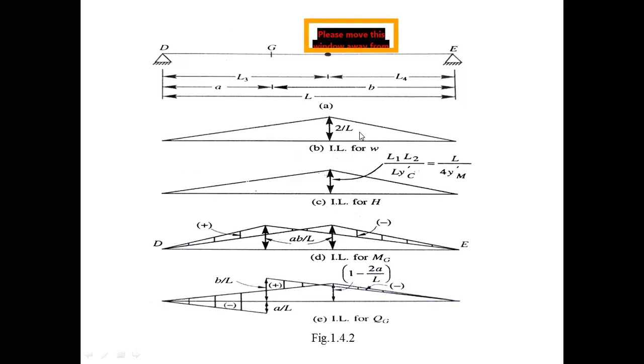Now I want to draw the influence line diagram for W. What is the W value in the derivation? What is the W equation? Put a heading: influence line for W. The influence line for small w may be obtained from that equation. What is the equation for W in the derivation?